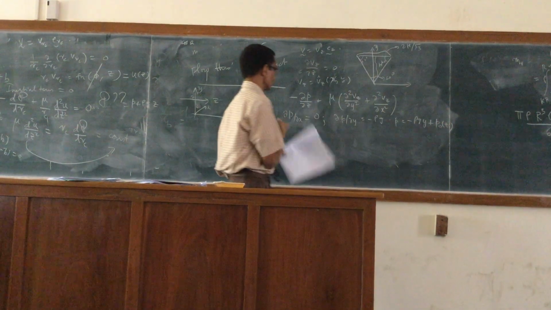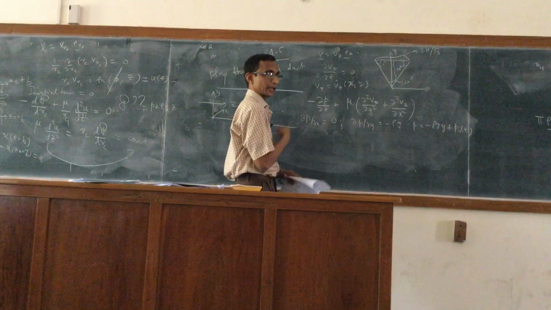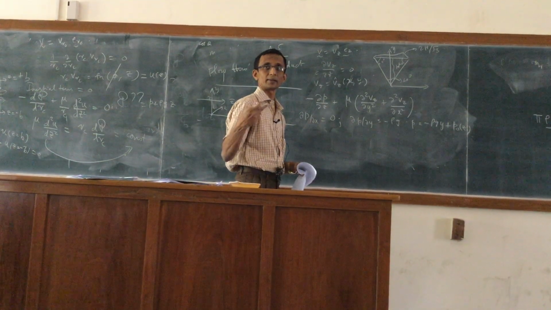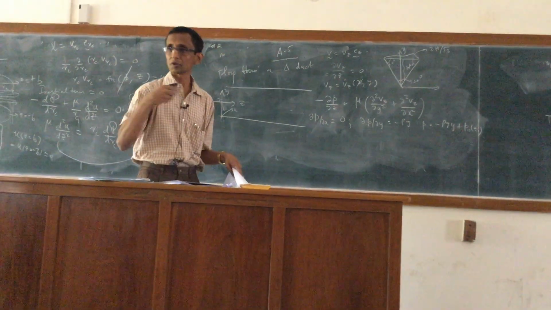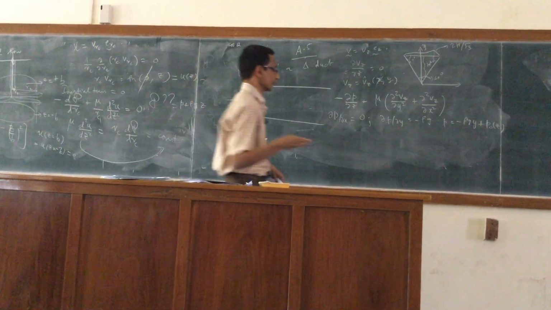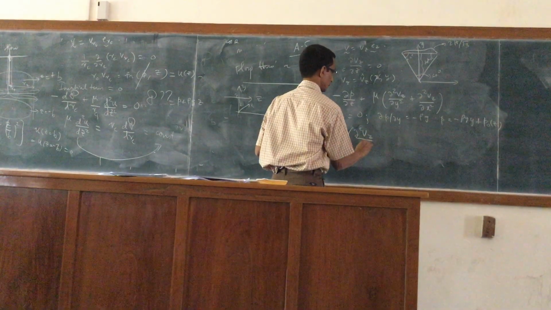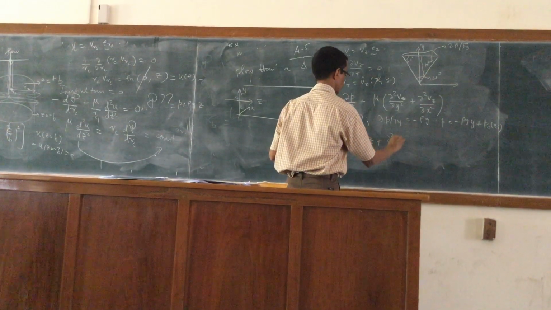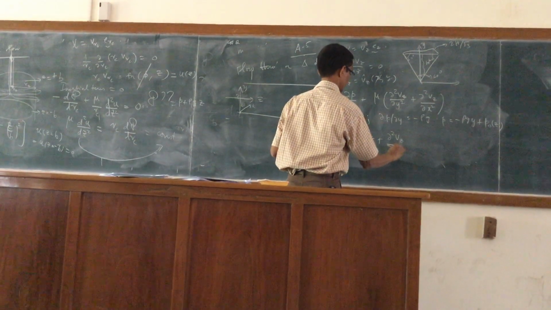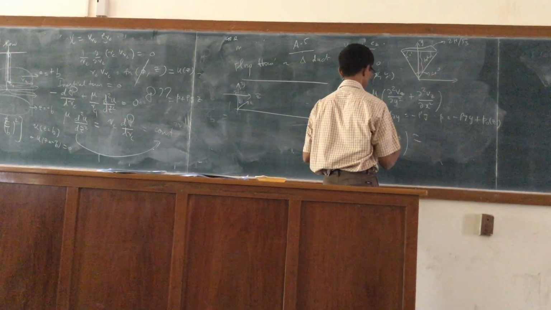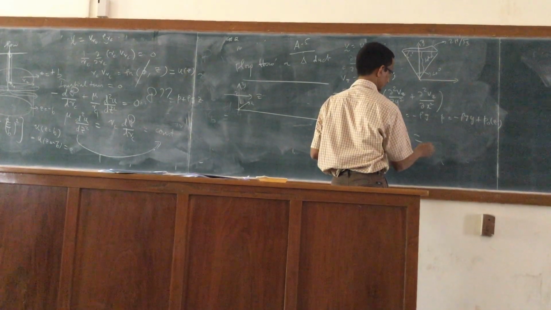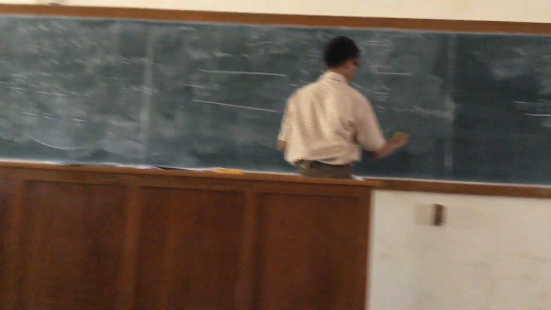So dp by dz would simply be p naught prime of z, which is the same quantity we had in the earlier discussion on flow between two parallel plates, right? So I can write this as mu times d squared Vz by dy squared is equal to dp by dz, which is simply p naught prime of z.